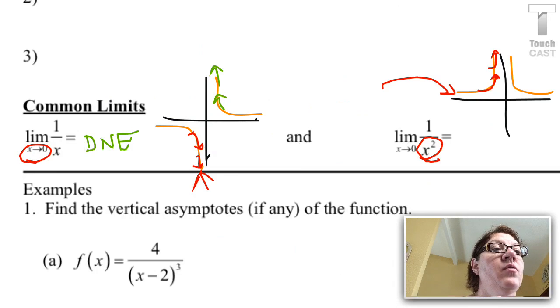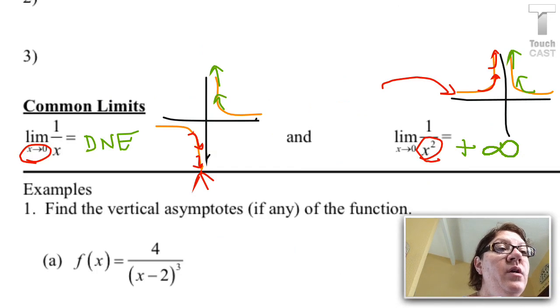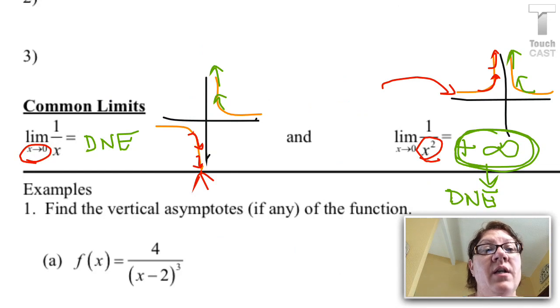And when I zoom in from the right, I'm going to positive infinity. So essentially this one is positive infinity, although you will come to eventually learn that this one does not exist since infinity is not a real number. But in the event that you have choices that include infinity, you would use the infinity value.